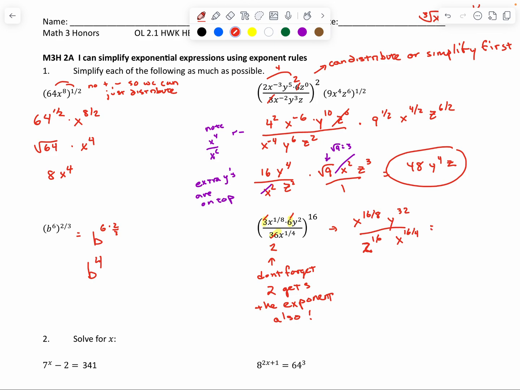Okay, so what have we got? We got x squared, y to the 32nd. What is 2 to the 16th? As everyone knows. Well, I knew.